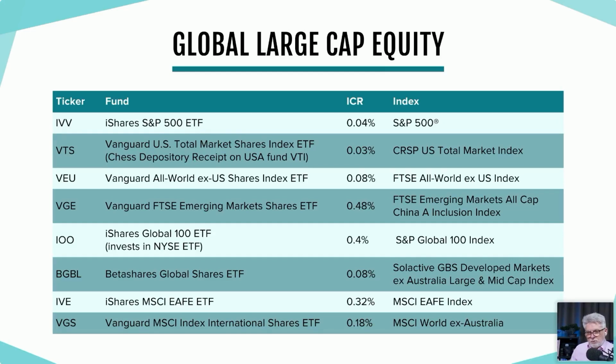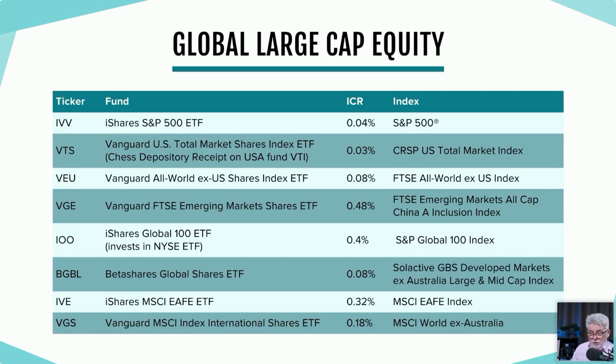VTS, on the other hand, is what's called a CHESS depository receipt, which means the stock exchange in Australia goes and buys a unit in a US ETF called VTI, which is broadly the same as the underlying Vanguard managed fund called VTS. If you've read any of J.L. Collins or spent any time on Reddit, you'll be familiar with VTSAX, which is the darling of, that's actually a managed fund, but broadly the same thing in the US.